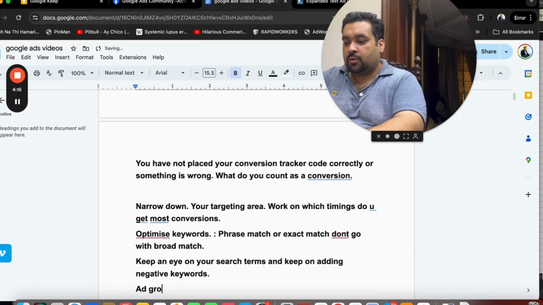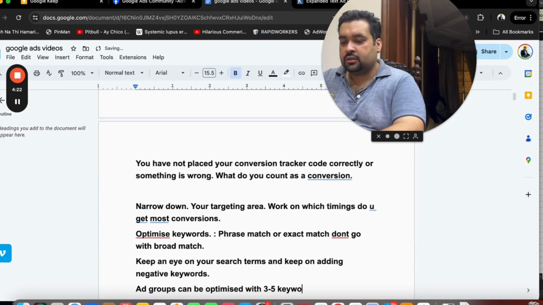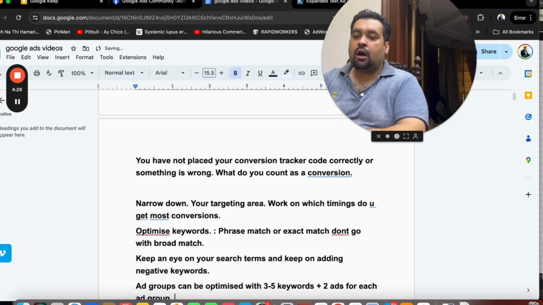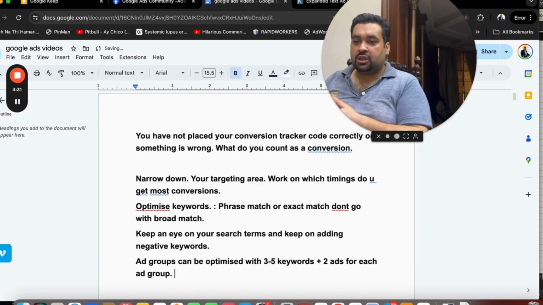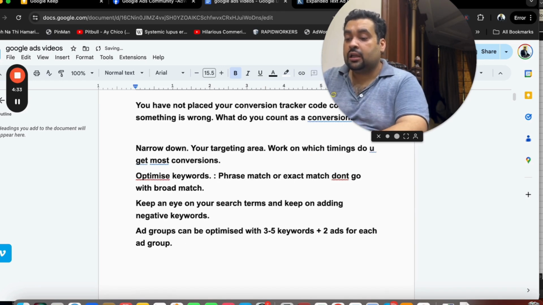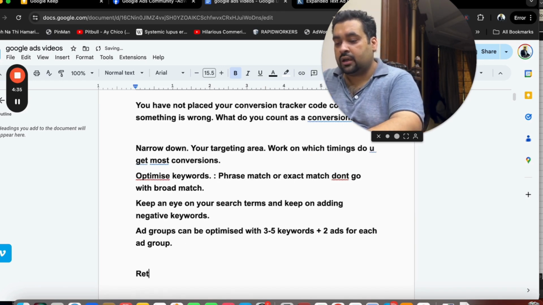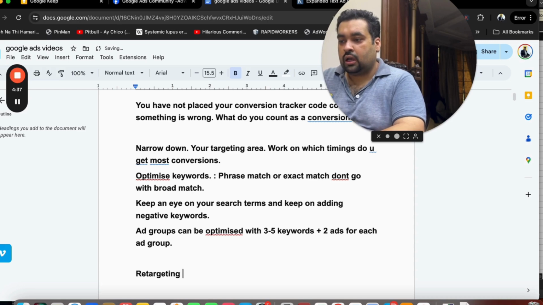Ad groups can be optimized with 3 to 5 keywords plus 2 ads for each ad group, and see how those ads and keywords perform.